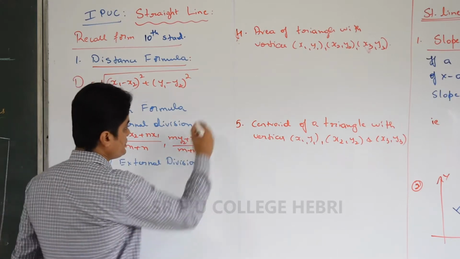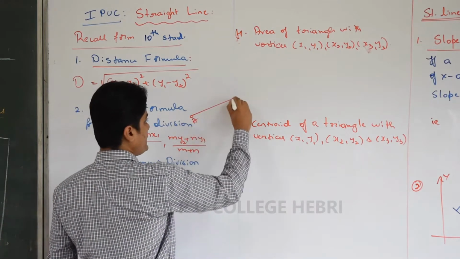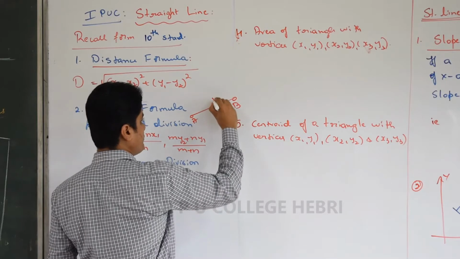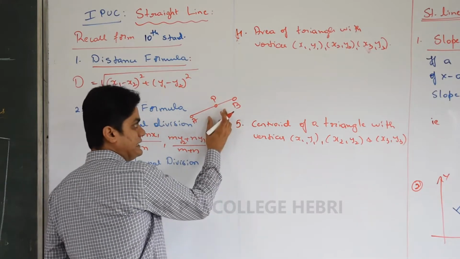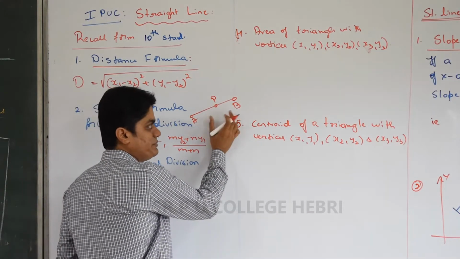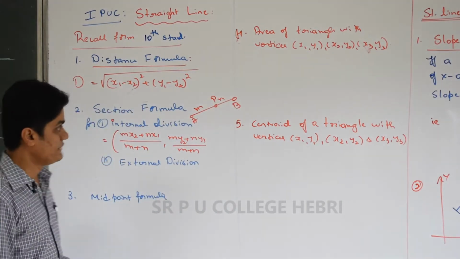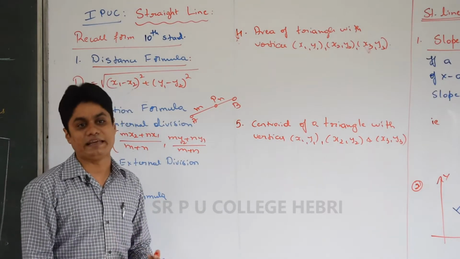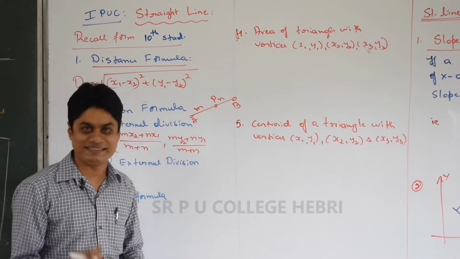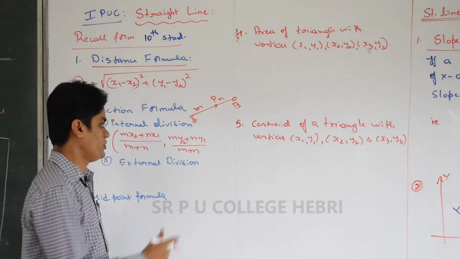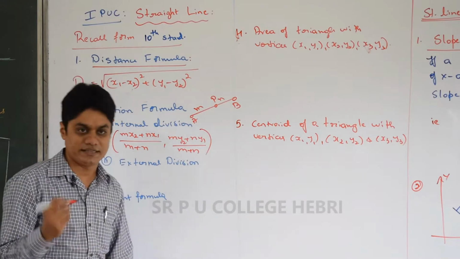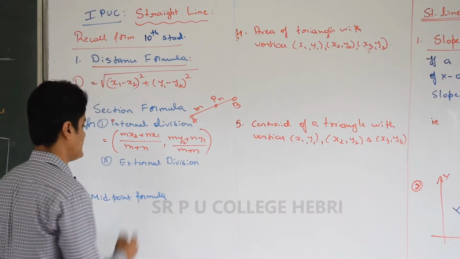Internal division means the point P divides AB internally, that is, it is between A and B, in the ratio m is to n. If the point P is the internal part of AB, then that division is known as internal division. If the point P is the external part of AB, then that division is known as external division.